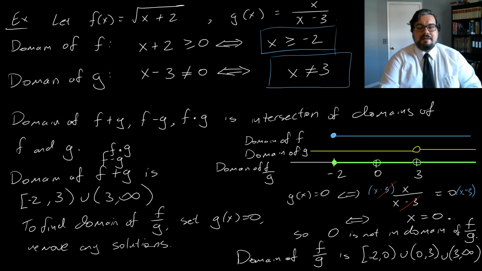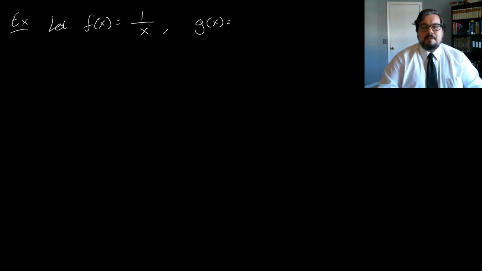Let's take a little warning example for this. Let's let f of x be 1 over x and g of x be 3x minus 1 over x.